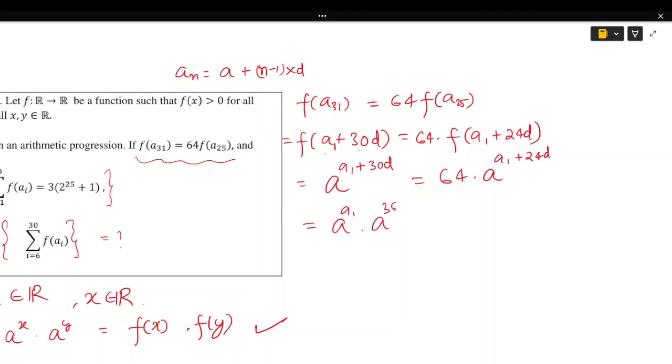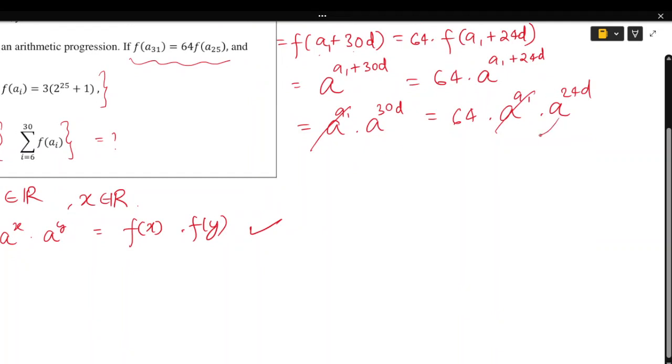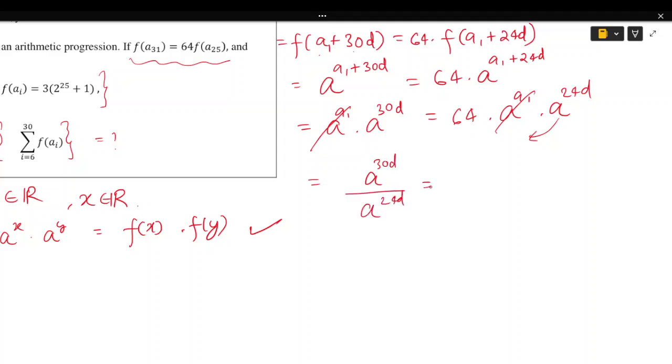So it will be a to the power a1 dot a to the power 30d, then we have 64 dot a to the power a1 dot a to the power 24d. Observe, a to the power a1 and a to the power a1 get cancelled out. So transferring this over to the LHS, you get a to the power 30d divided by a to the power 24d. Again using the exponent rule, you get a to the power 6d, and that equals 64 on the RHS.